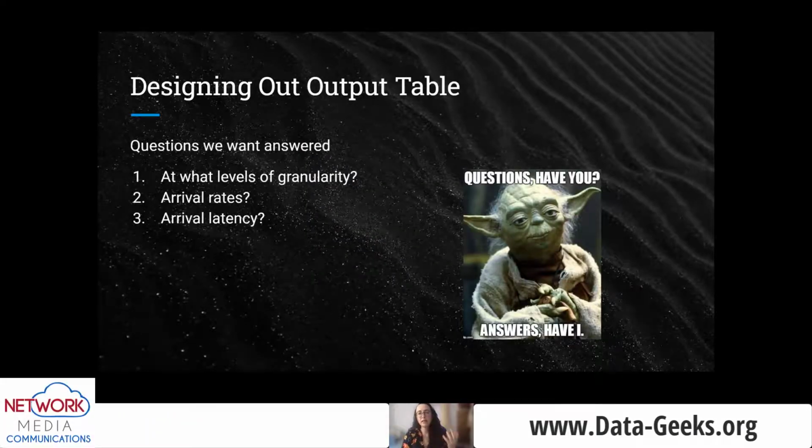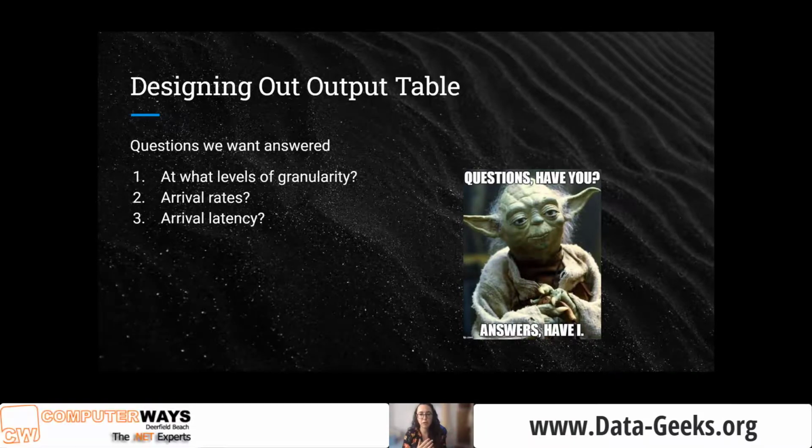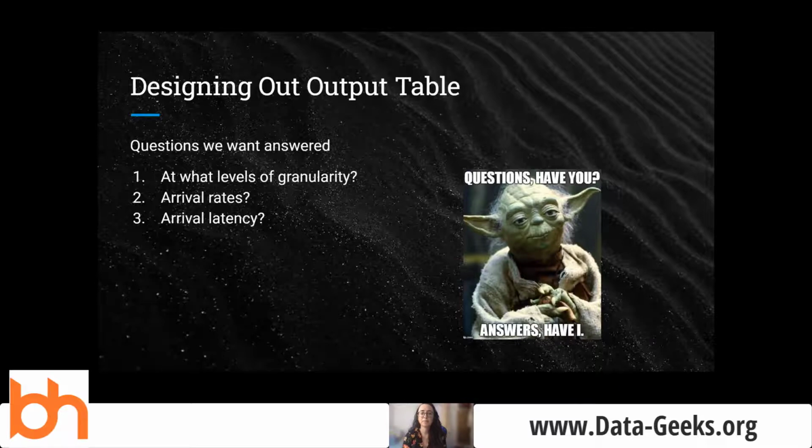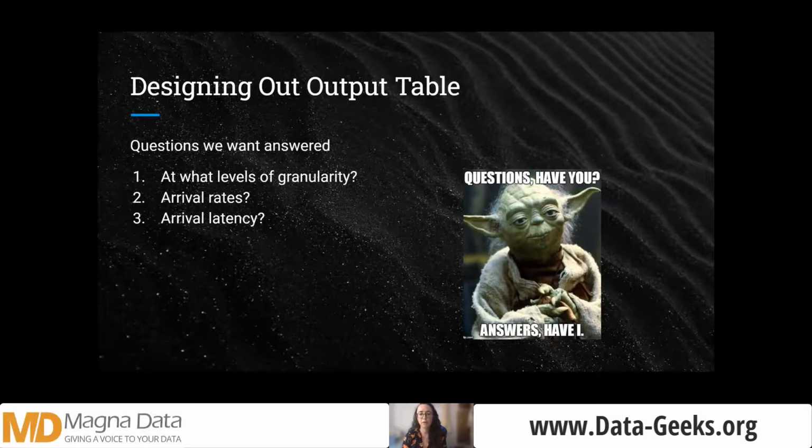So when we decided on our output table, we came to the conclusion that we first need to understand what questions we want answered using that data. The first would be, what are the levels of granularity? We have topic, we have server, we have process ID.